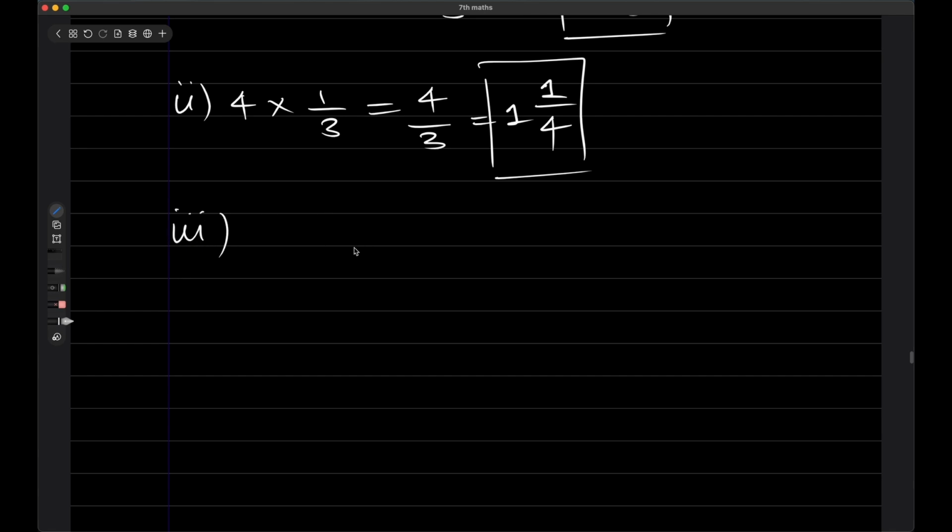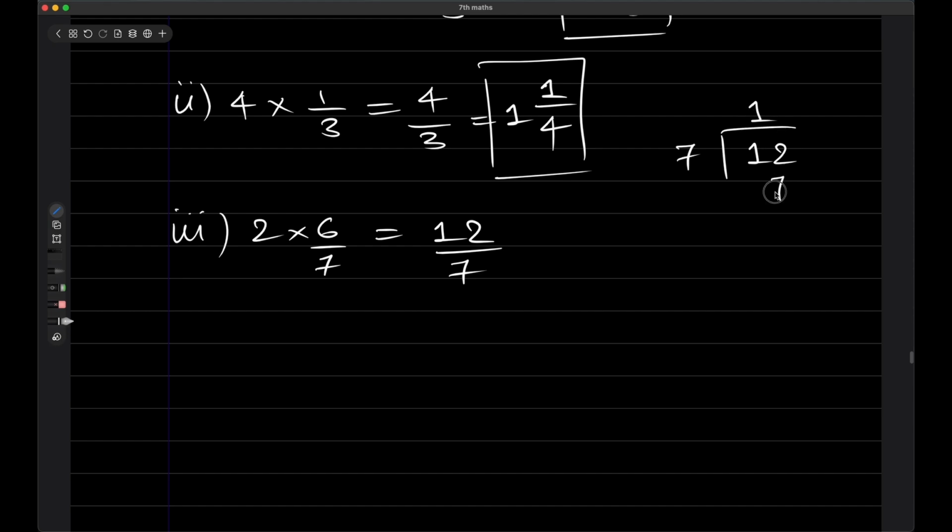Third one, that is 2 into 6 by 7, that is equal to 2 6s are 12 by 7, and if we convert into a mixed fraction it is 12 divided by 7, 7 1s are 7, 5 is remainder, so it is 1 complete, remainder is 5 by 7.